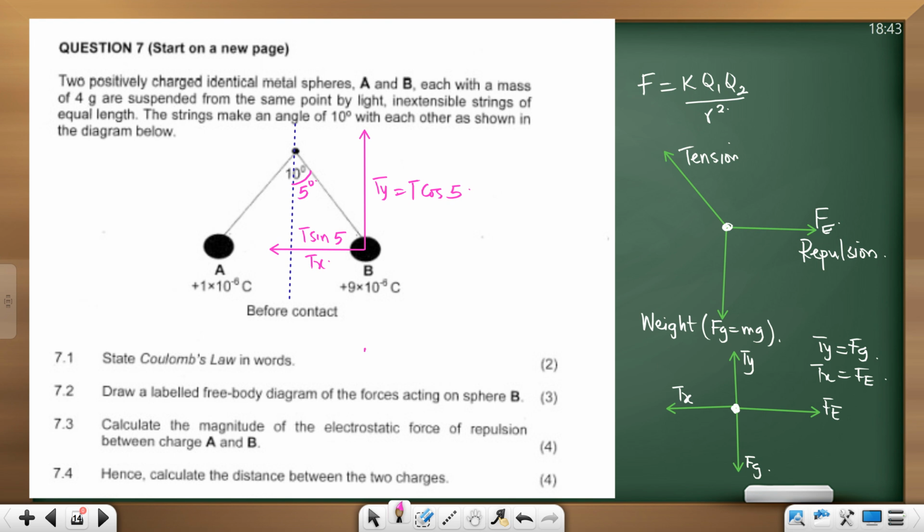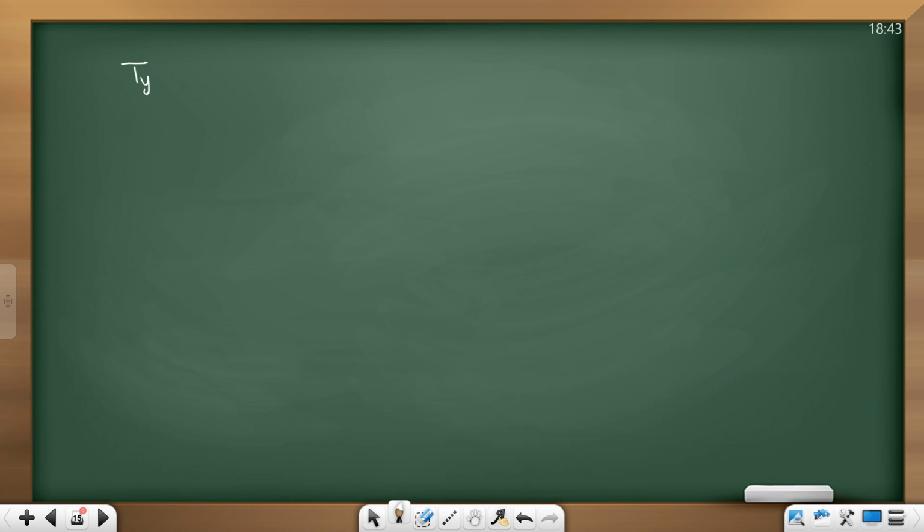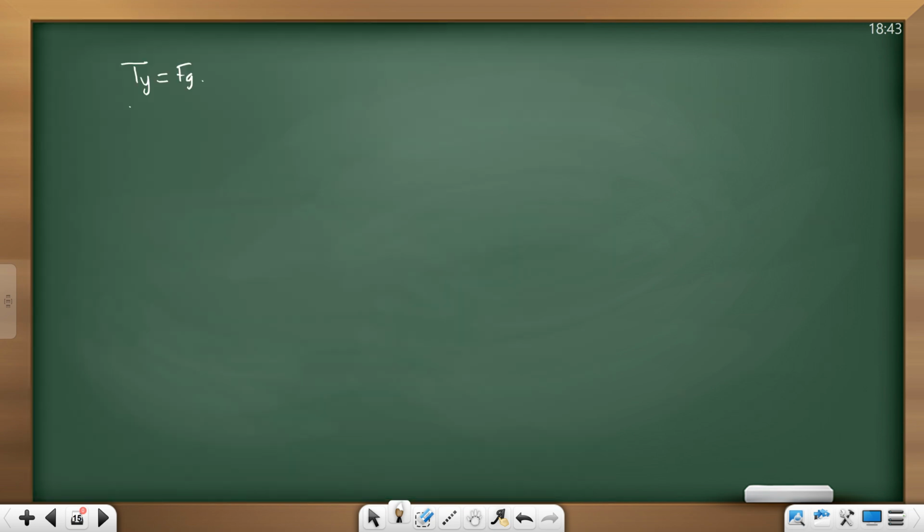Now, since I don't know tension, I've got to look around to see what I can do. But Ty is equal to Fg. Don't forget those equations that we have. Ty is equal to Fg. What is my Ty? T cos 5. Lovely.